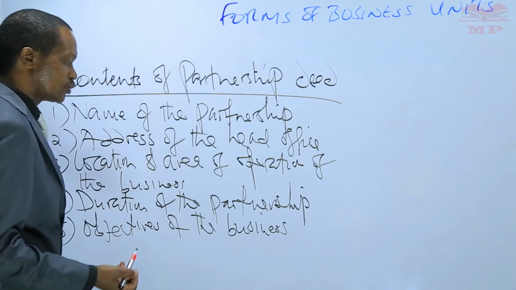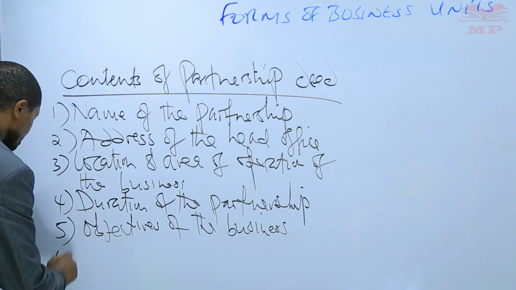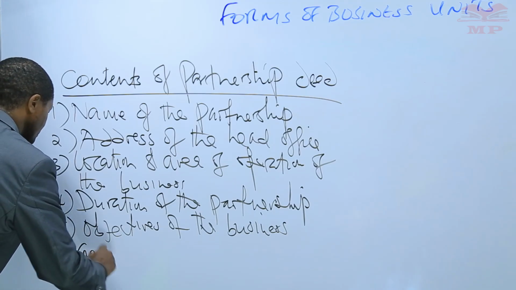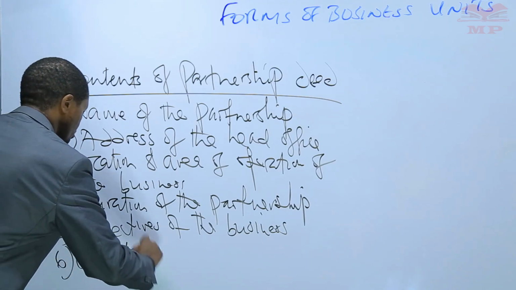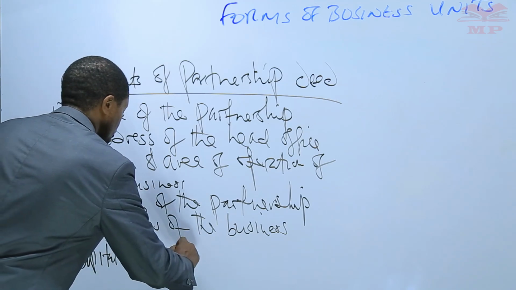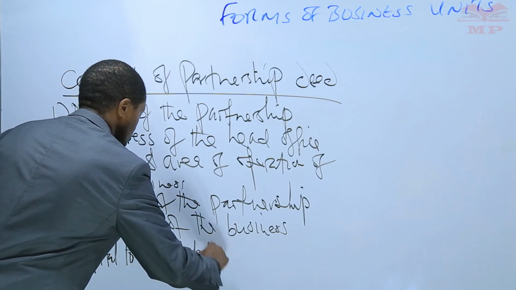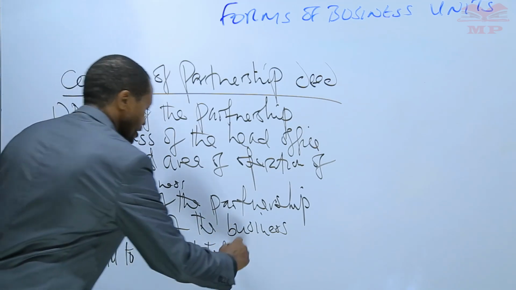Then there is the capital contributed by each partner. Number 6, capital to be contributed by each partner.